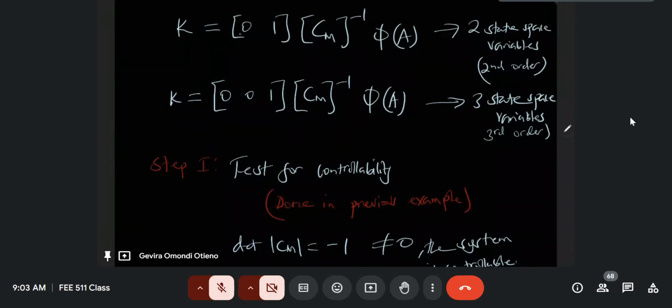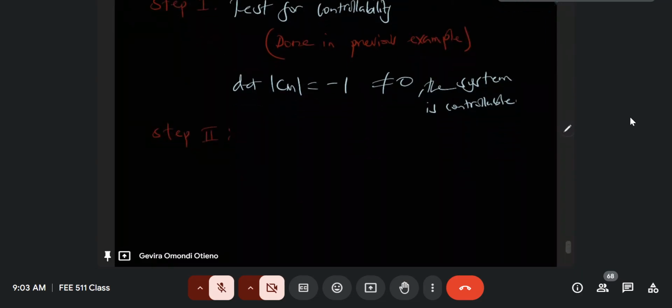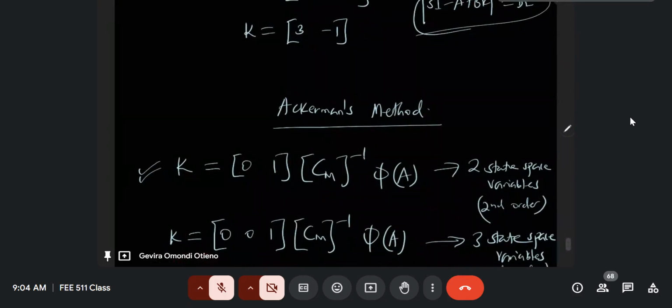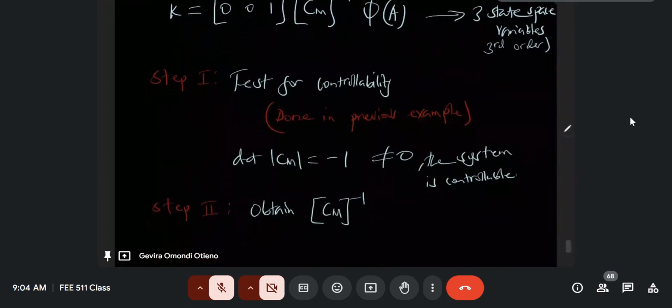You have 0, 1. Then you have the controllability matrix, and you're supposed to get its inverse. So the second step is simply to obtain the inverse of the controllability matrix, because it's indicated in the formula we are using.